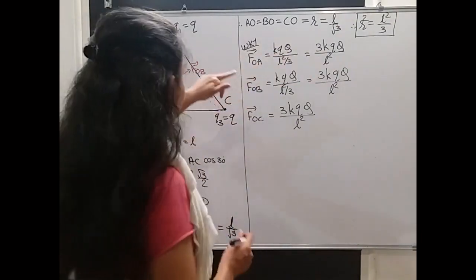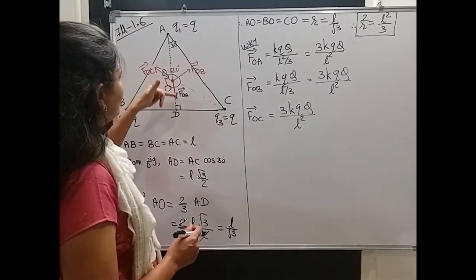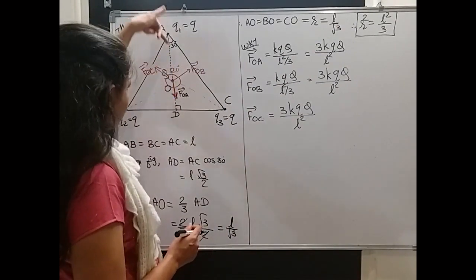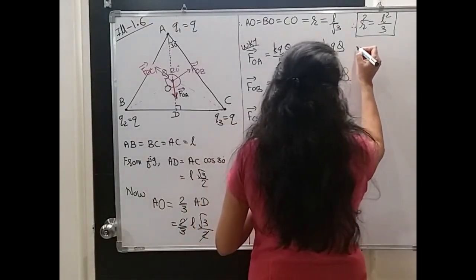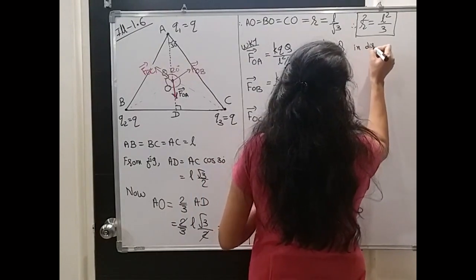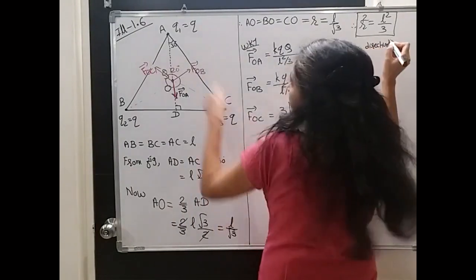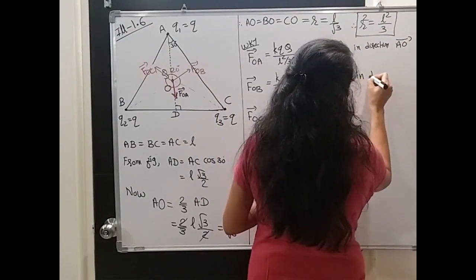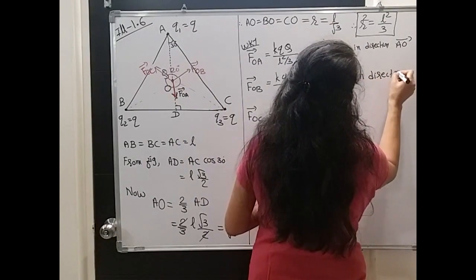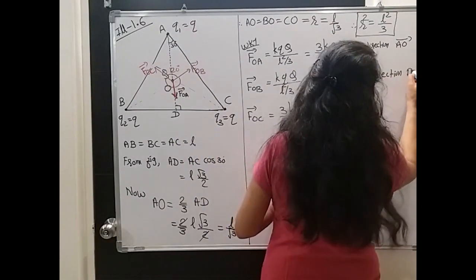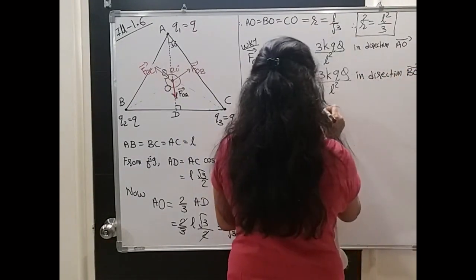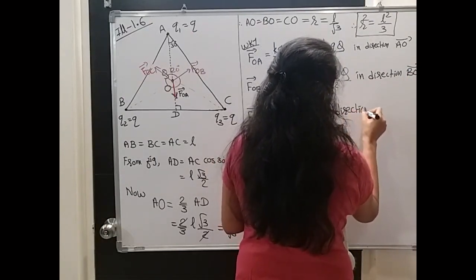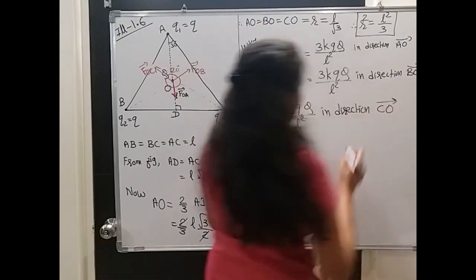Now let us put the direction of FOA. It is in the direction from A to O, vector AO. This is in the direction of vector BO, and this is in the direction of vector CO, right?